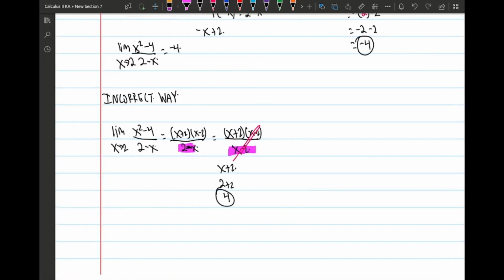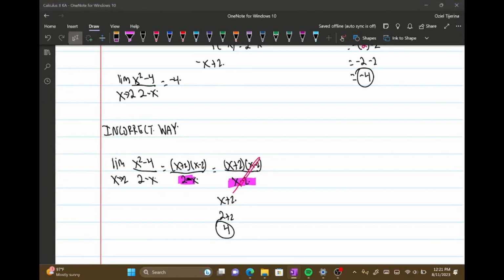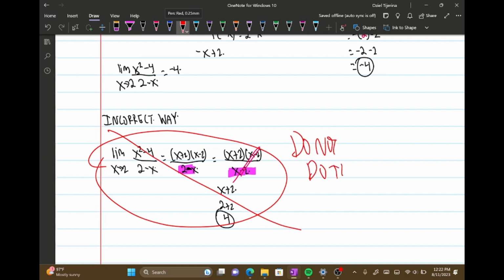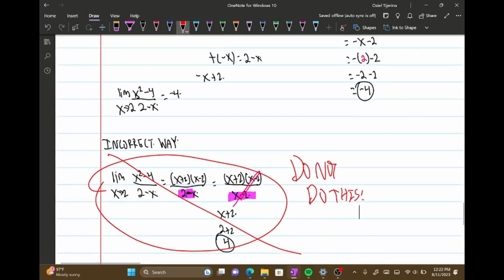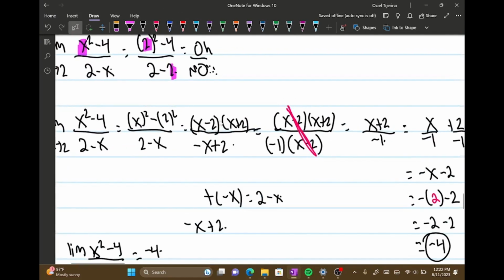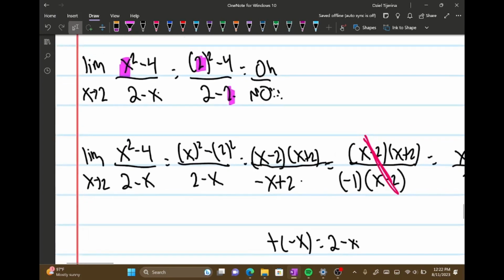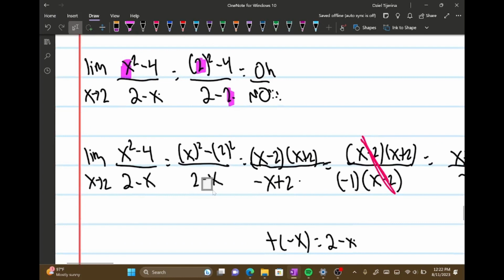Do not make this mistake. It's wrong. I really wanted to show you the difference between the correct and incorrect way, because a lot of students forget the rule that when you have a negative between a number and a variable, the minus sign goes to whatever is to the right of it.